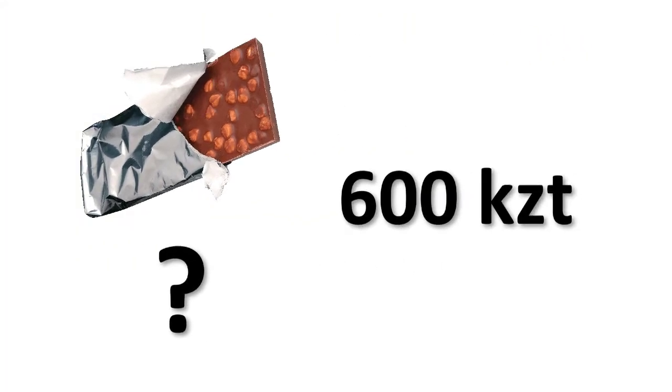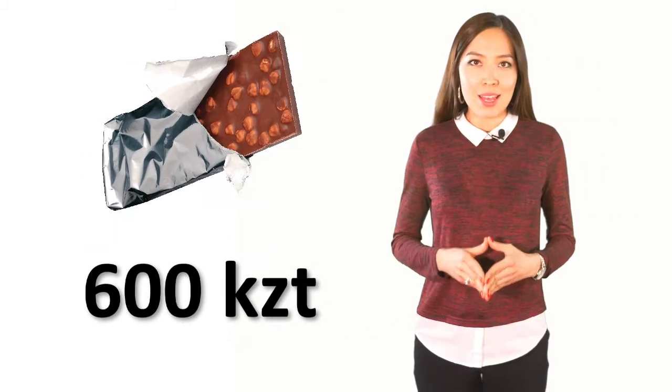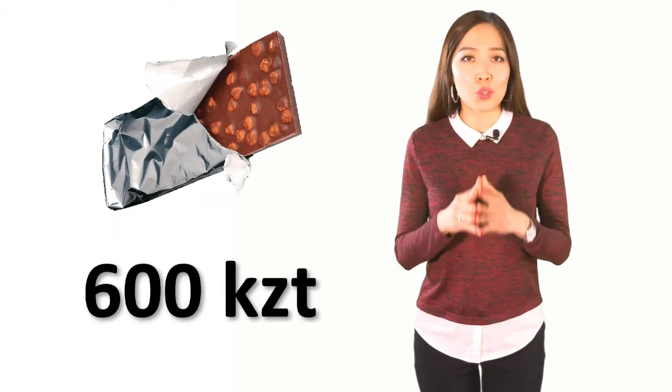For example, you might think that you would really like to have at least one chocolate bar, so you would be willing to pay up to 600 tenge for one bar. That's because you would be happier with one more chocolate bar. This is your valuation of one chocolate bar.